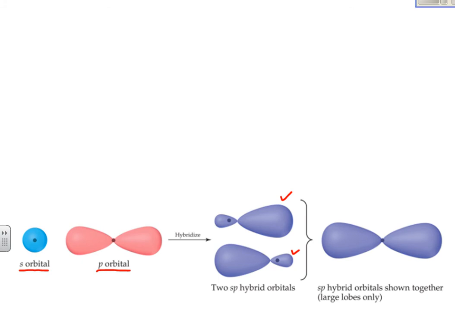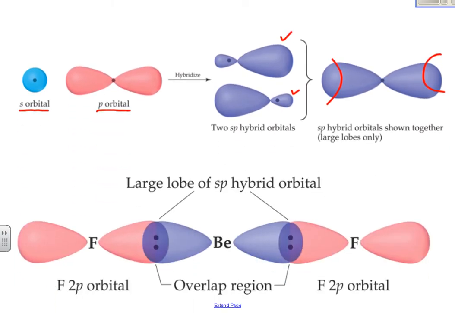But it's that larger part of the lobe. So once we combine these together, it's that larger part that's going to be available for bonding or overlapping with another atom. And so we go down further, and sure enough, we have that overlap between the beryllium hybridized sp orbitals and the unhybridized 2p orbitals in each of the fluorines.